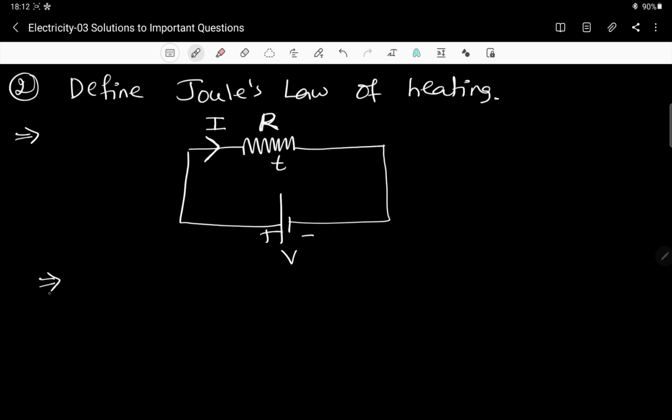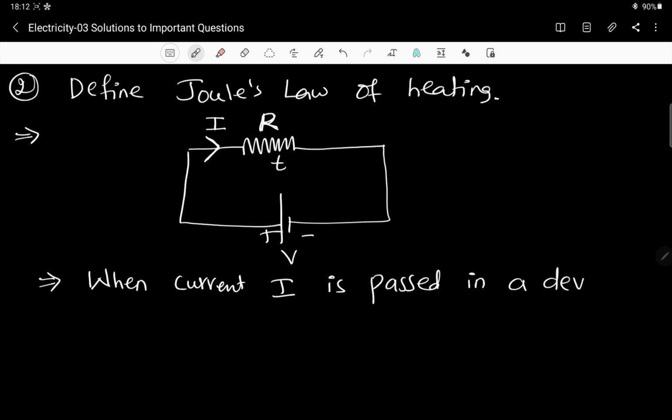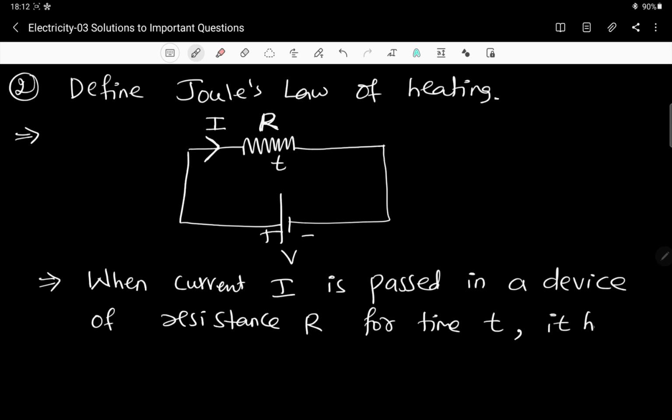Okay, so I am going to write this as: when current I is passed in a device of resistance R for time t, it gets heated.